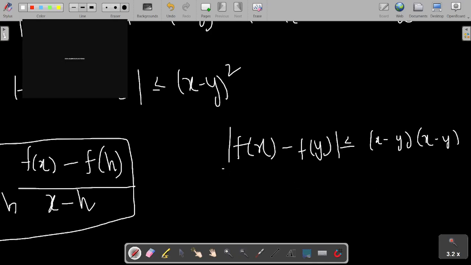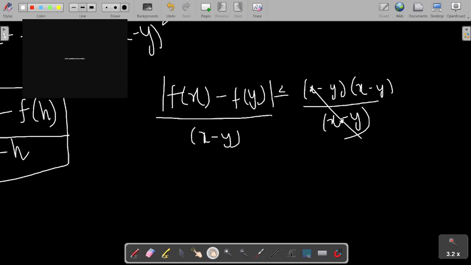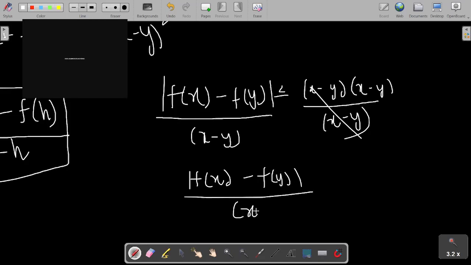And if we do an operation on both sides, let's divide x minus y on both sides in this equation. So when this x minus y cancels out, I'm left with modulus of f of x minus f of y over x minus y, and this is less than or equal to modulus of x minus y.